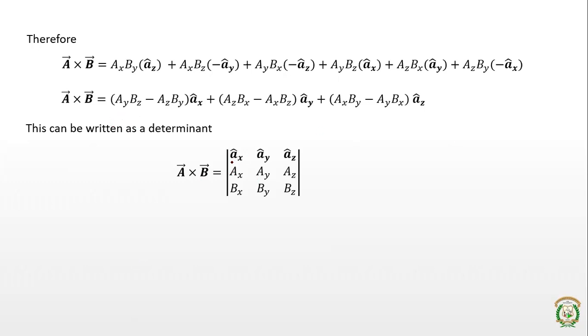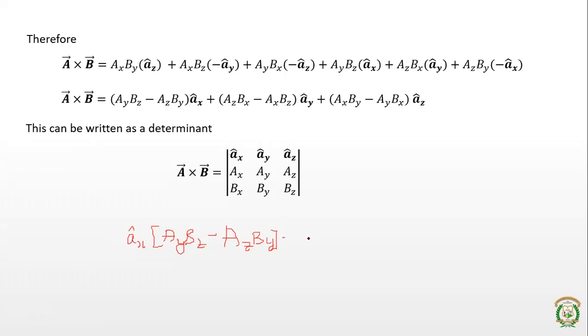So the first term will be ax multiplied by ay bz minus az by. You have studied this in maths, right? And also maybe in linear algebra last semester.